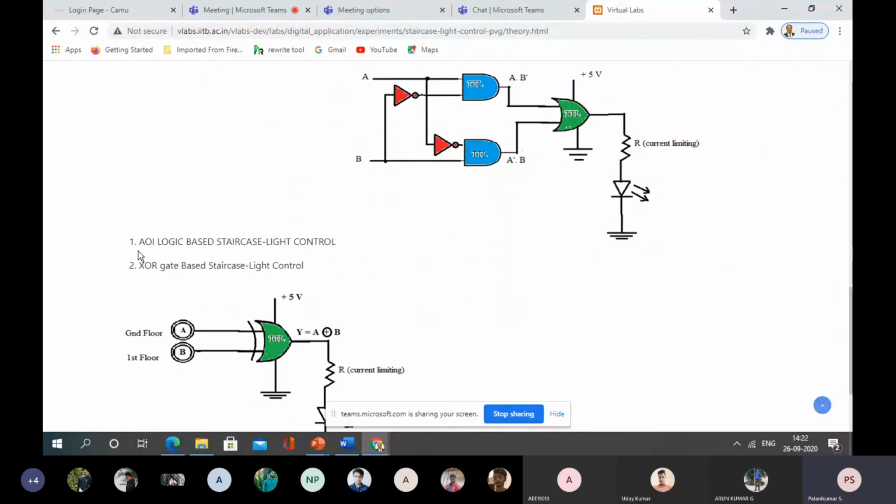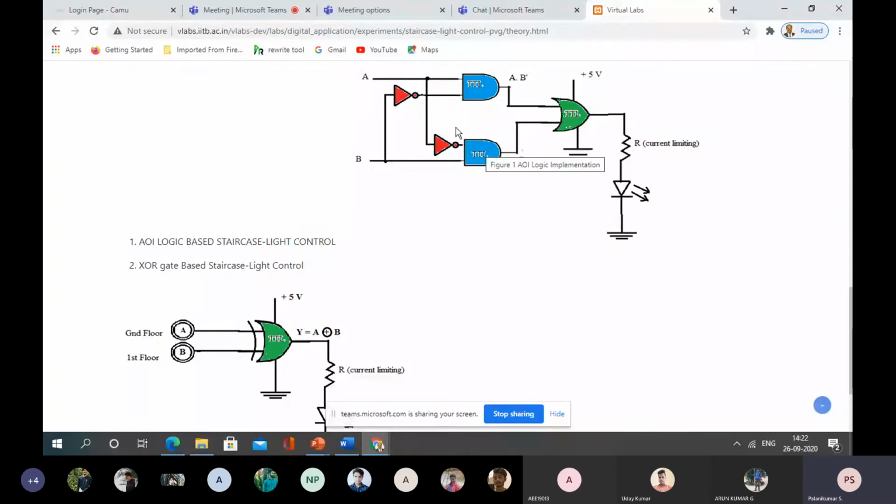One is the AOI logic, the AND-OR-Invert logic. That means I am using an AND gate, an OR gate, and an invert gate.